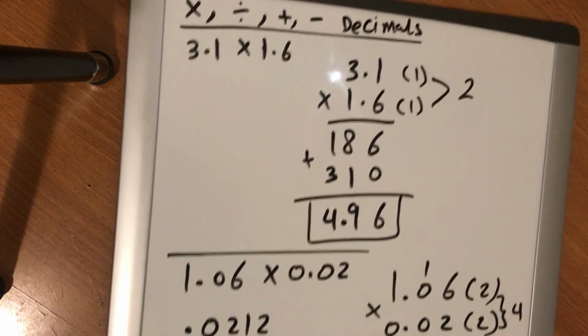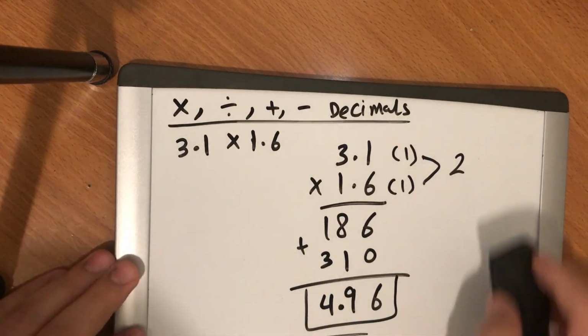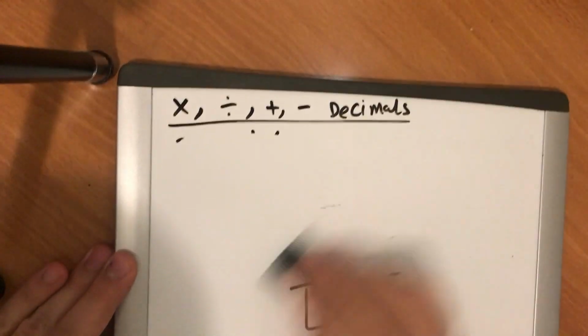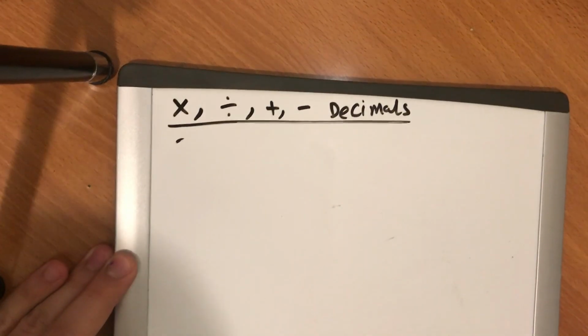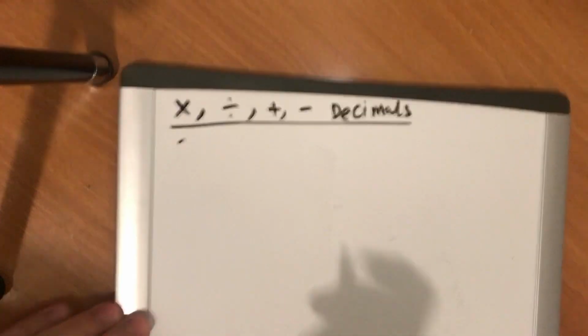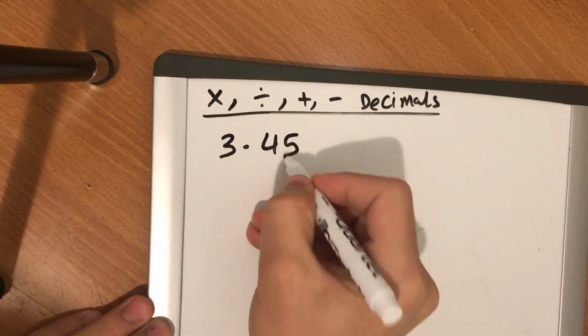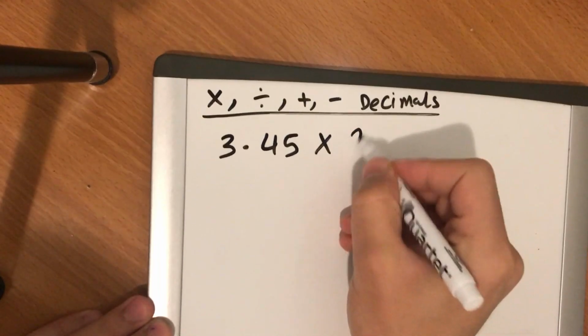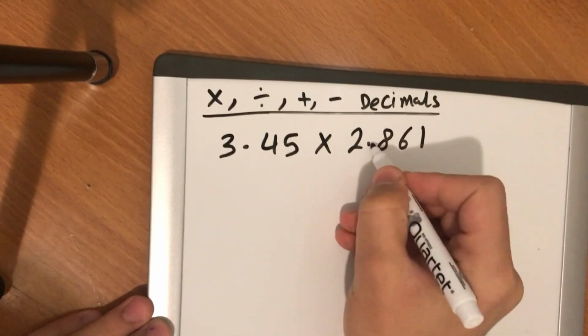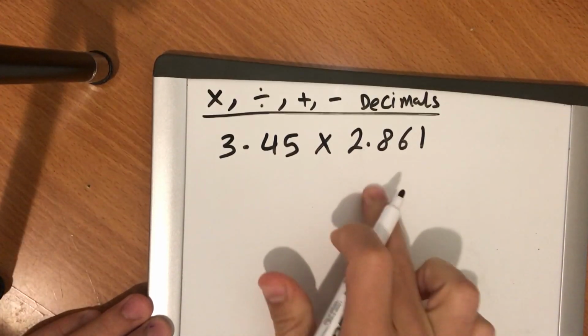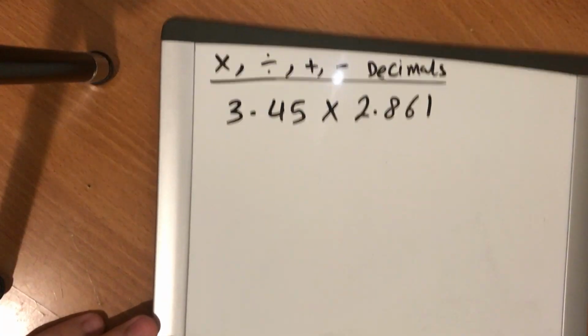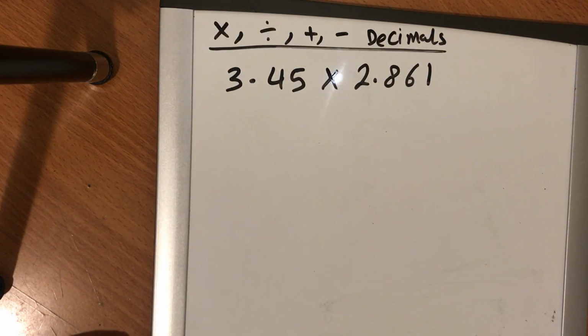Let's do one more. If I have 3.45 times 2.861, that one is a bit big, so we want to try every possible way this type of problem can show up in your test.